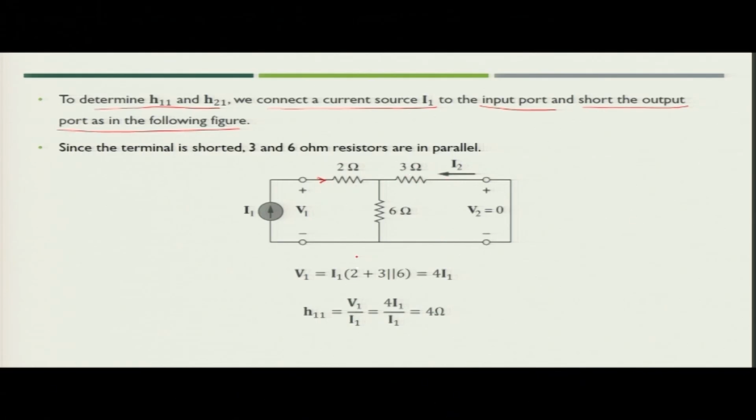This 2 ohm will be in series with the parallel combination of 6 ohm and 3 ohm. So, when you simplify, you will get V1 equal to 4 I1. Now you can simply find out the value of H11, that is V1 upon I1, and when you put the value of V1 as 4 I1, you will get H11 as 4 ohm.